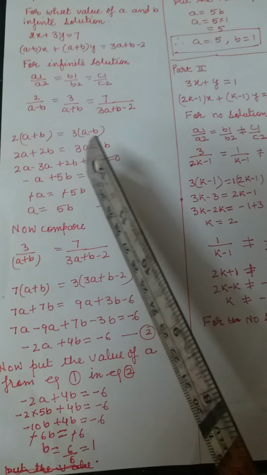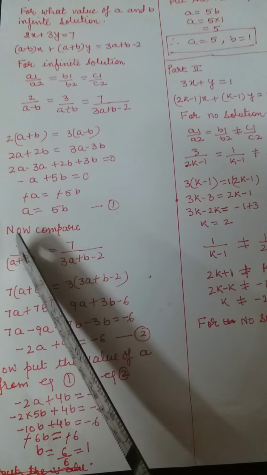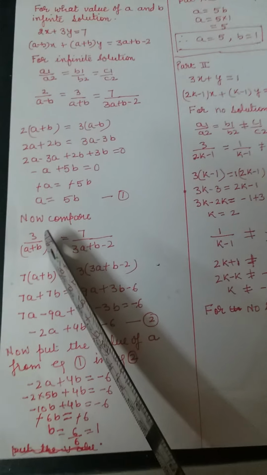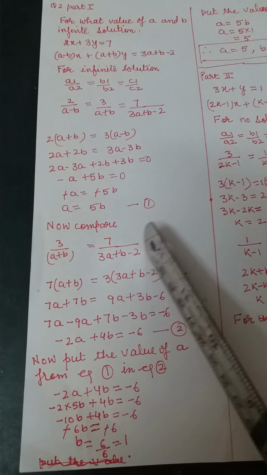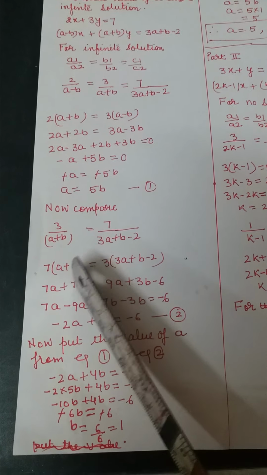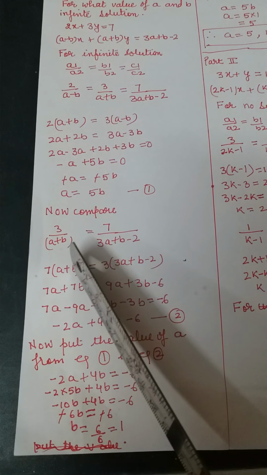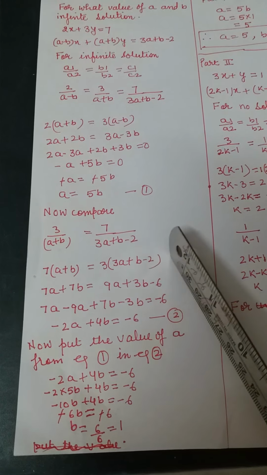Now compare b1 and b2 with c1 and c2. Now b1 was 3 and b2 was a plus b, and c1 was 7 and c2 was 3a plus b minus 2. Again by cross multiplication, 7 will be multiplied by (a plus b) and 3 will be multiplied by (3a plus b minus 2).